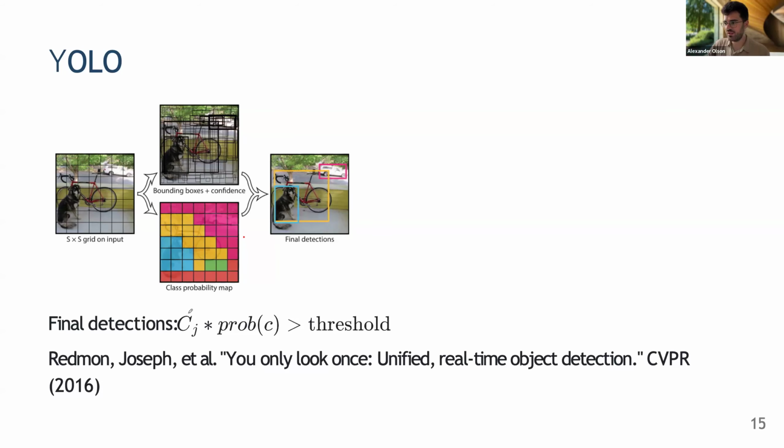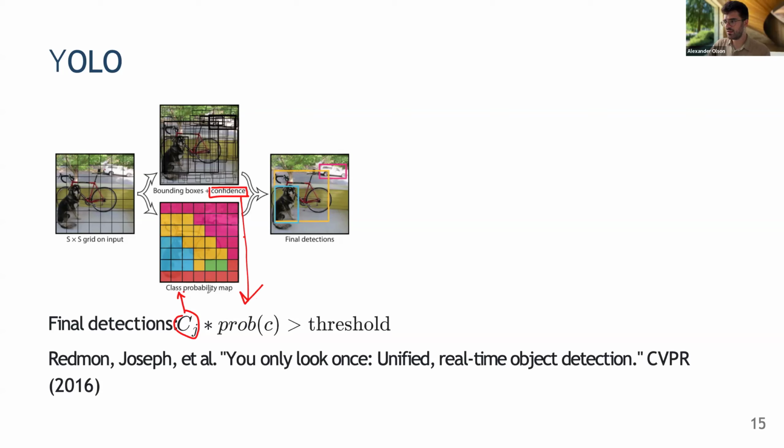So just to really drive that home, we have this value, which is a class probability, and we want this probability to be high. If I think this is red, but I only have a 20% chance of it, that's a low probability, and it's unlikely we're going to predict that there's an object there. And then at the same time, we have this confidence value up here, which is saying how likely it is that this is actually a bounding box around something significant.